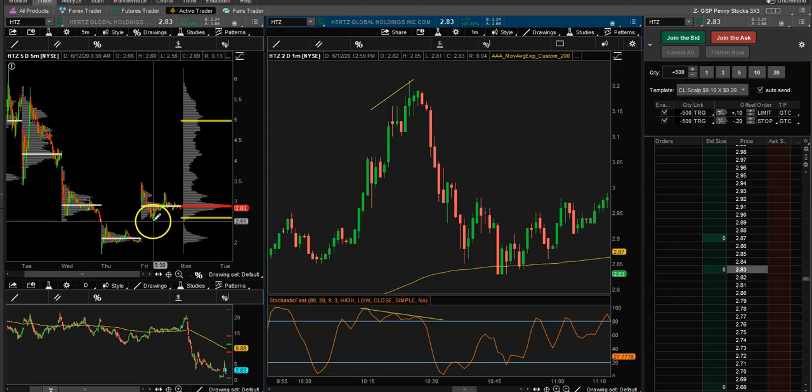As we start to fall, where do we find buyers? Right down at the low here, okay? It's also the value area low, value area high, and point of control from this whole market profile. So for me, if I saw price starting to fall, I would probably be looking down here. It's a naked virgin point of control, VPOC.